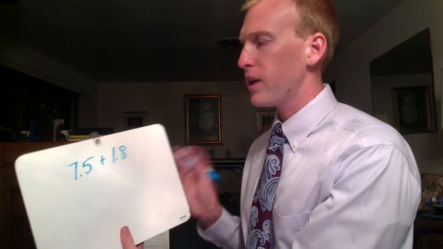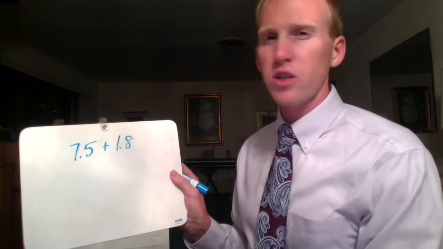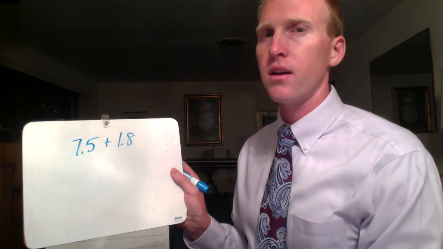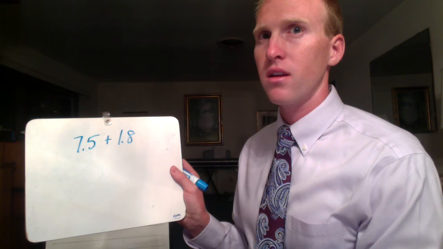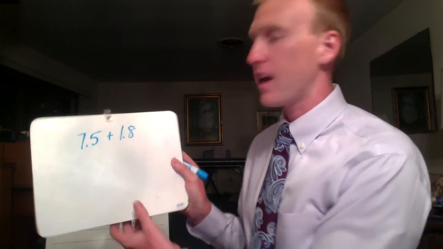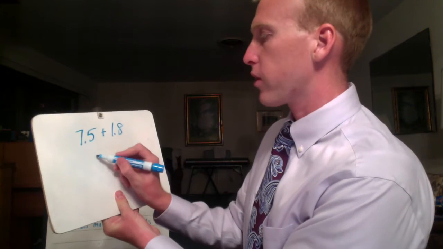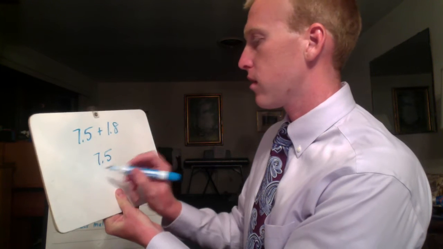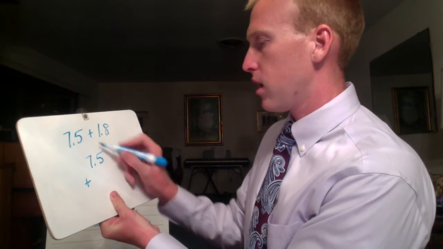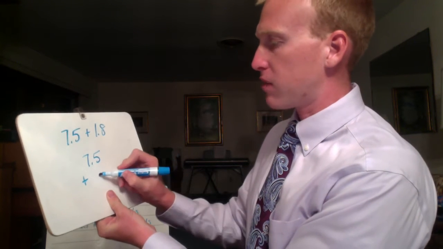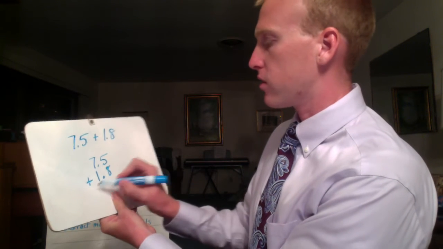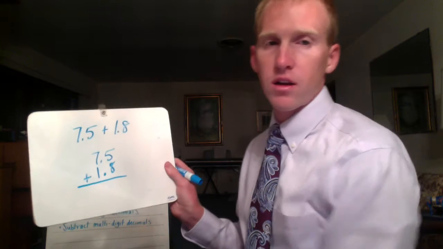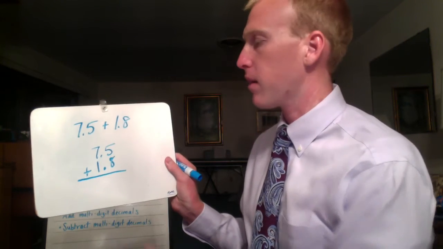What do we need to line up here? Not just place values, but... Tommy? Right, the decimal, exactly. So we're going to go 7.5 plus 1.8. We need to make sure the decimal lines up, so we're going to put that in first. 1 goes there, 8 goes there, and we have it all lined up now.